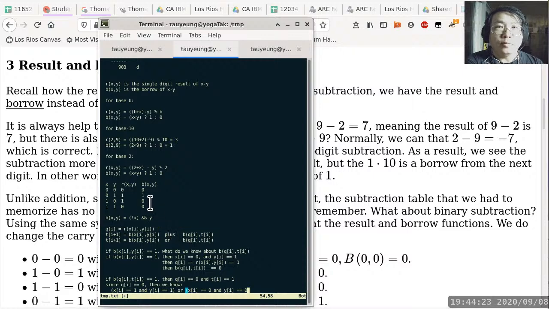So now when we look up the truth table, we just basically want to focus on the rows where r of x, y is a 0, like the first row. So we know both the arguments to r have to be zeros. And then the other case when r returns a value of 0 is when both of the arguments are 1s.